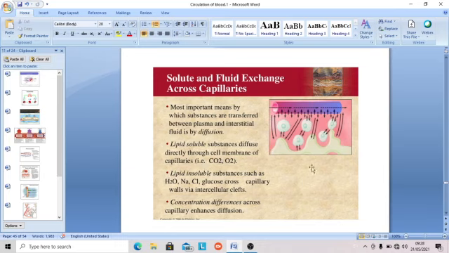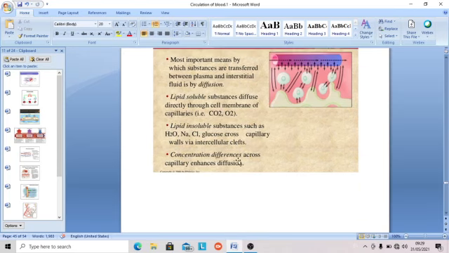And lipid insoluble substances like sodium chloride and glucose cannot pass easily through the membrane. So they pass through the cleft, the intercellular area between two cells. There they will pass, according to the concentration difference across.